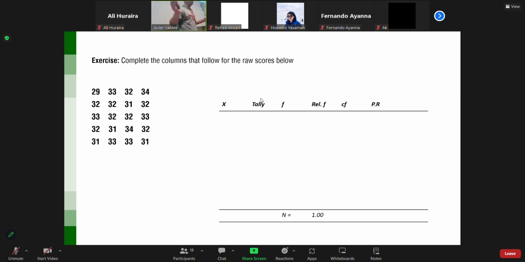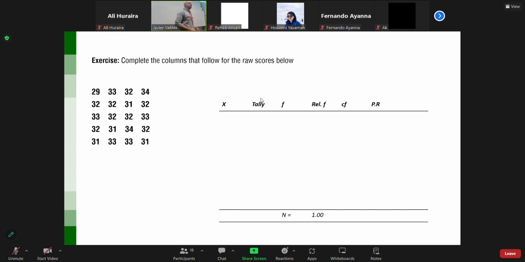Everyone agrees? Because I don't have the solutions here, I'm sorry. So, the relative frequency of 33? 0.1 or 5? Okay, so it's the relative frequency, right? And then the frequency is 5.